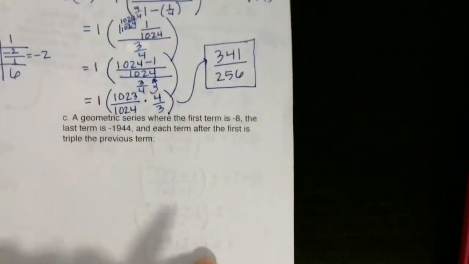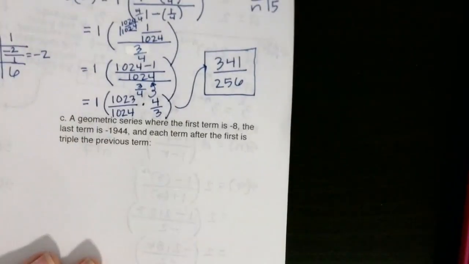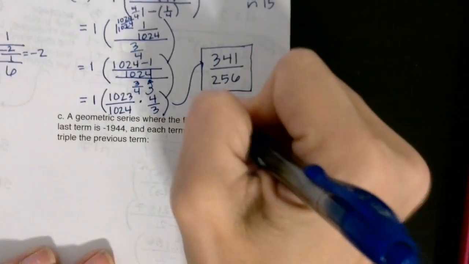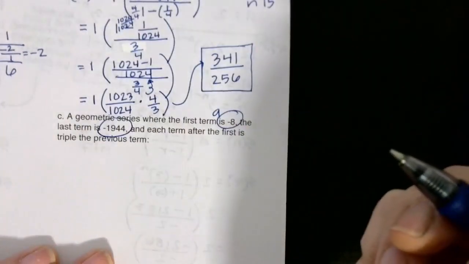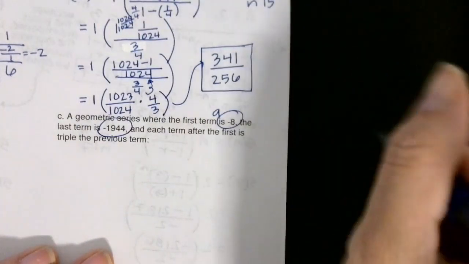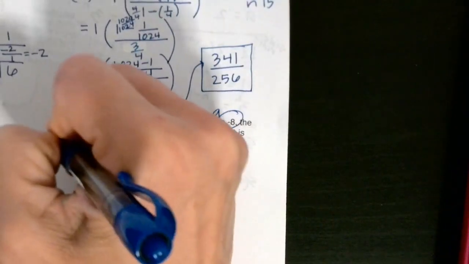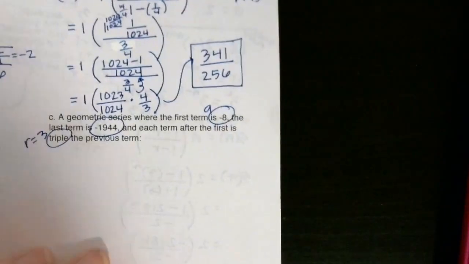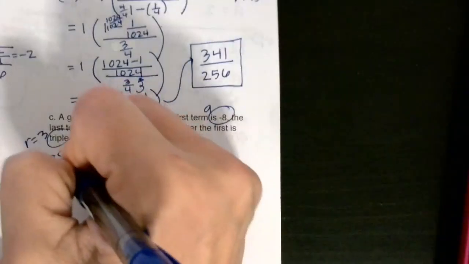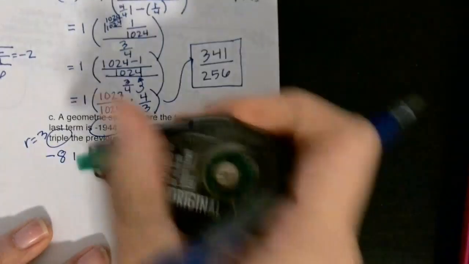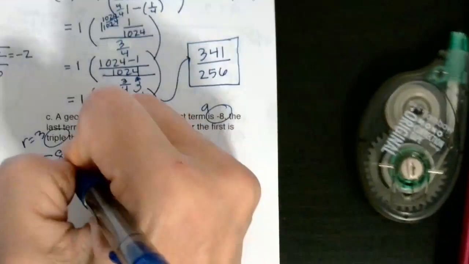Okay, last problem. So this one says it's a geometric series with the first term is negative 8. The last term is negative 1944, and each term after that is triple the previous term. So triple was going to be r equals 3. So let's go ahead and figure it out. We're starting with negative 8, times that by 3, and you get negative 24, not positive.